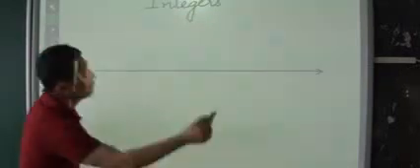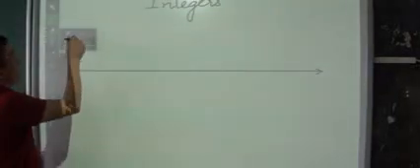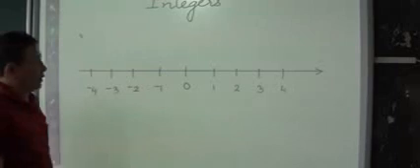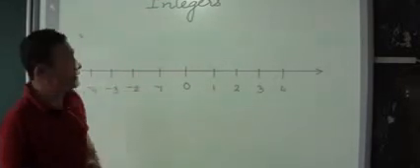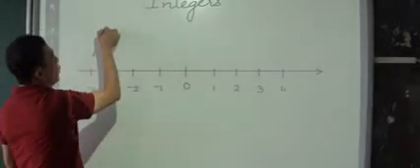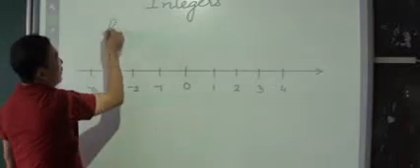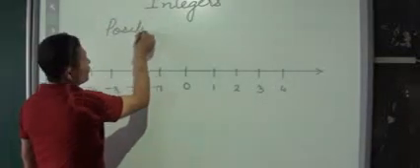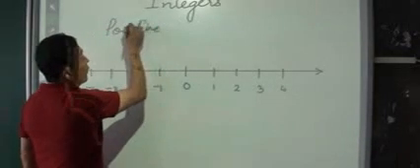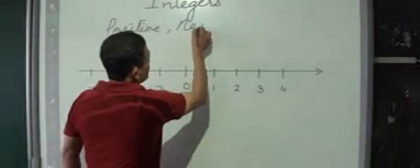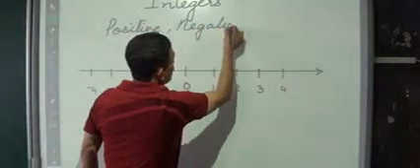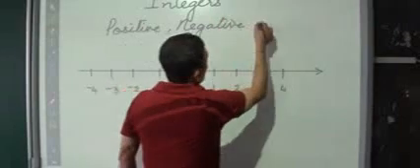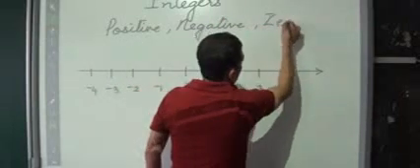Moving on to our integers. Now in our integers, we've already said integers consist of positive numbers, negative numbers, and a 0.